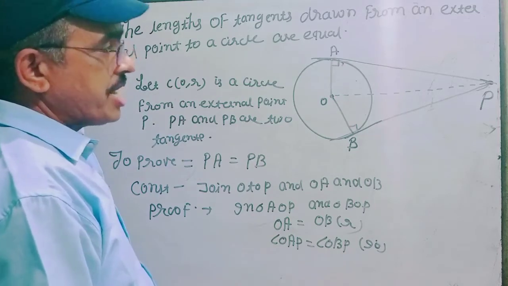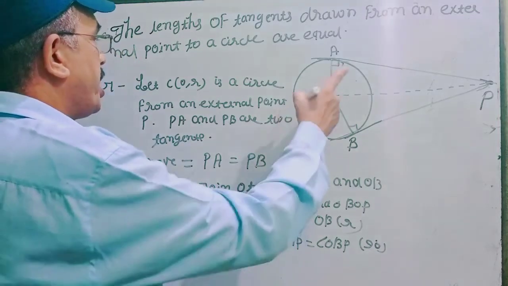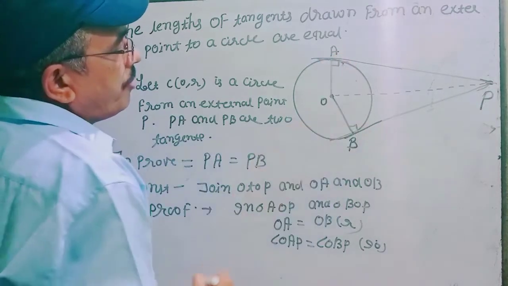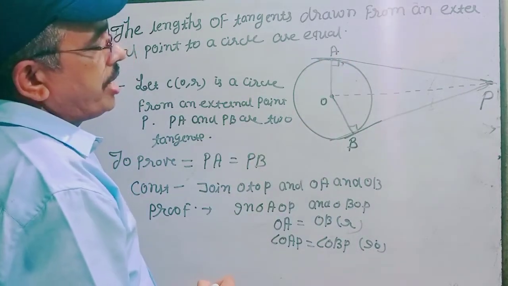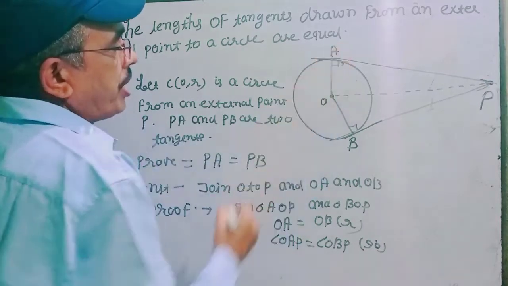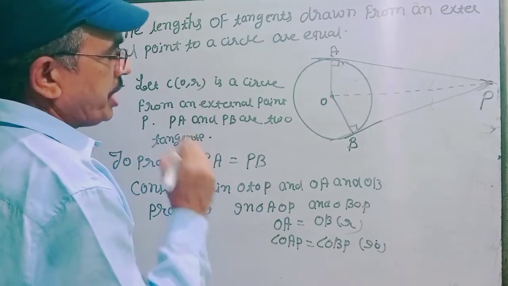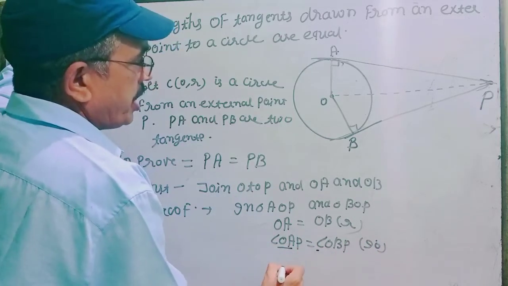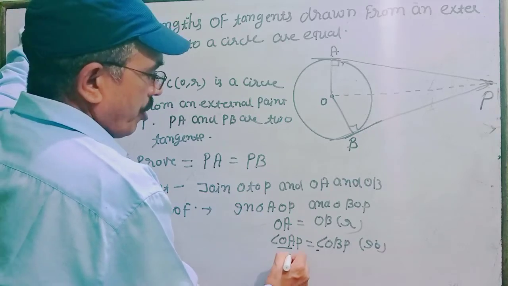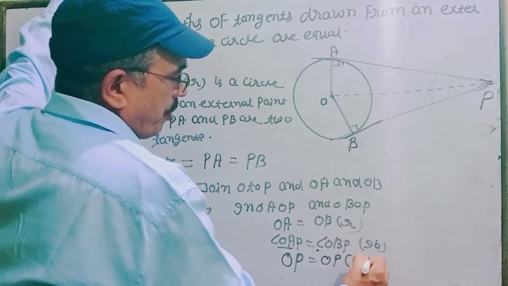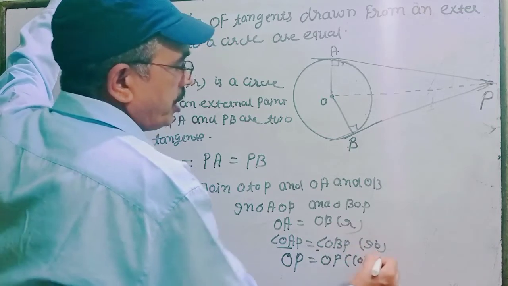Here PA and PB are two tangents and A and B are the points of contact, and in the first theorem the radius and the tangent at the point of contact are perpendicular to each other. So angle OAP is equal to angle OBP, 90 degrees, and third, OP is equal to OP, common.